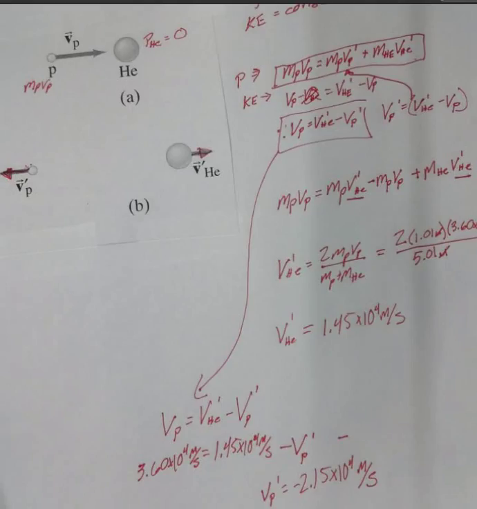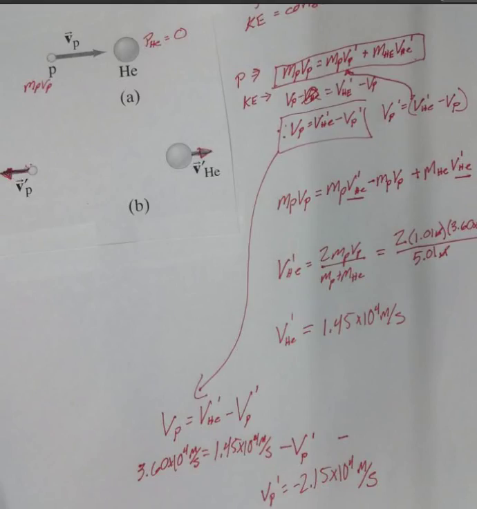This also tells us that the velocity of the helium is much less than the velocity of the proton initially, and that makes sense because the proton is only a quarter of the size of the helium, and so when it collides, it's only going to transfer some of its energy.